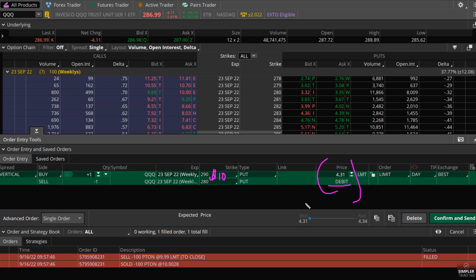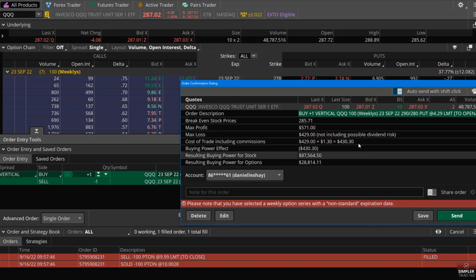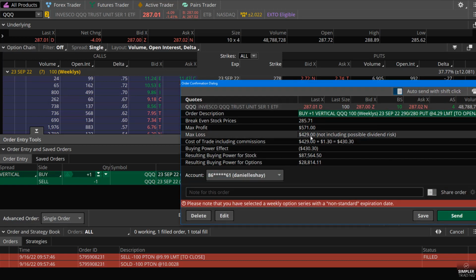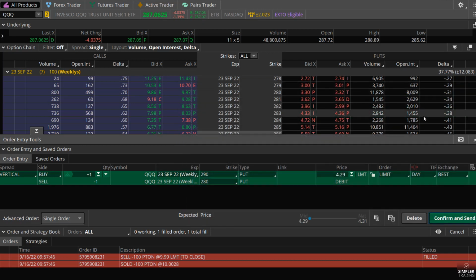So if you pay $4.31 and the max you could ever close the trade for would be the width of the spread, that would be $10. But you have to remember, you have to subtract what you paid. Okay, so when you look at a risk reward on something like that, your max profit is $5.71. Your max loss is $4.29. Pretty good, right? I would say it's almost 1-to-1.